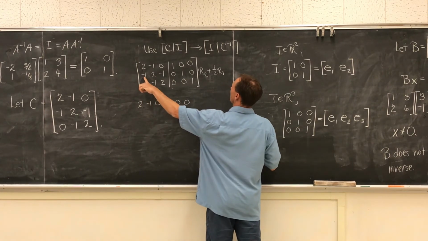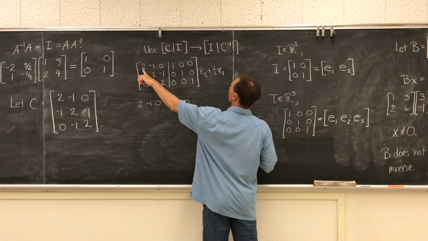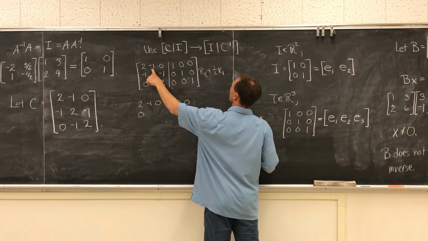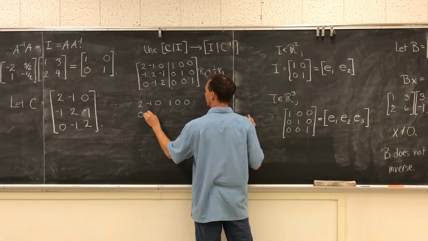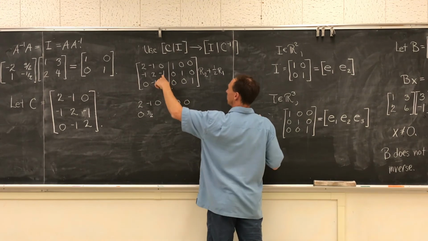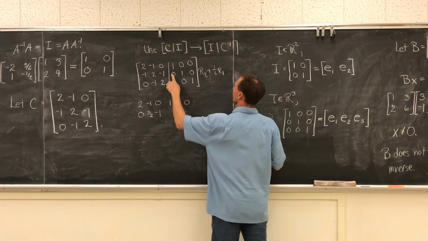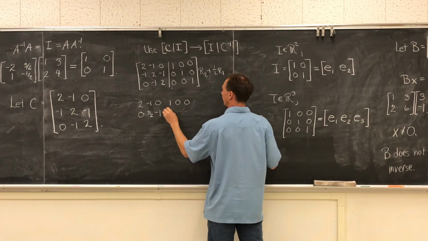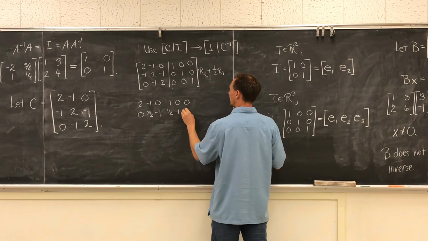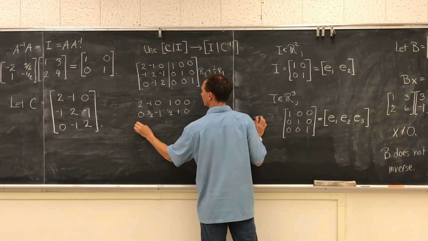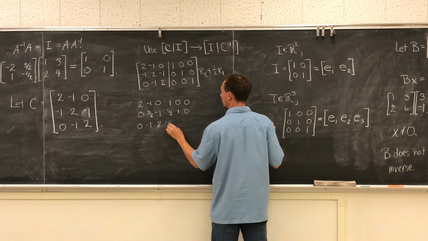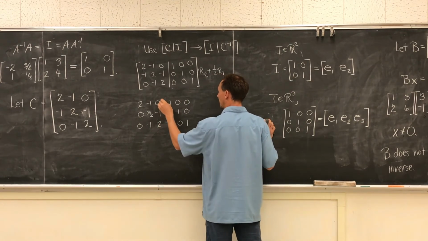So minus 1 plus 1 is 0. 2, this is going to be minus 1/2. That's 3/2. Minus 1. Then I go 0 plus 1/2 is 1/2. 1 plus 0, 0. And my third row is 0 minus 1, 2, 0, 0, 1.